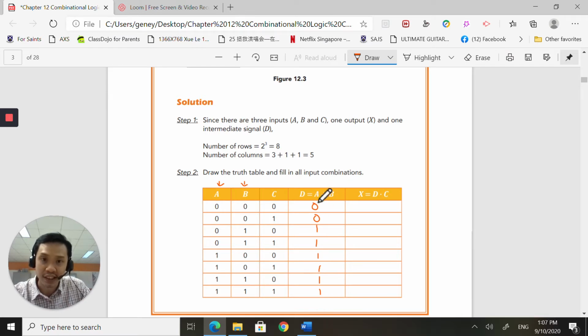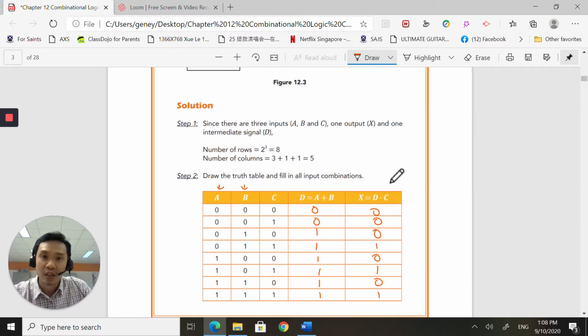In this case, D is A or B, X is D and C. So we are looking at C and D, AND. Remember, for AND, 0, 0 is a 0; 1, 0 is a 0; 0, 1 is a 0; and 1, 1 is a 1. So now we have come up with the truth table for the output here.